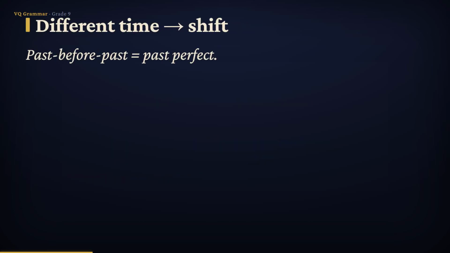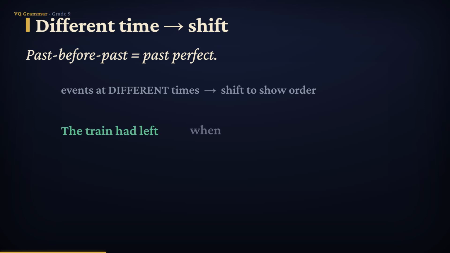Now the more interesting case, two events at different times. When events happen at different times, you shift the tense to show the order they came in. Picture a timeline. The train had left when we reached the gate. Notice two past actions here. First, had left happened first.